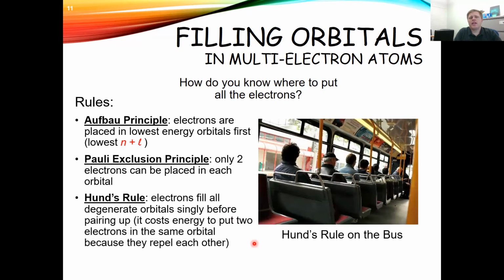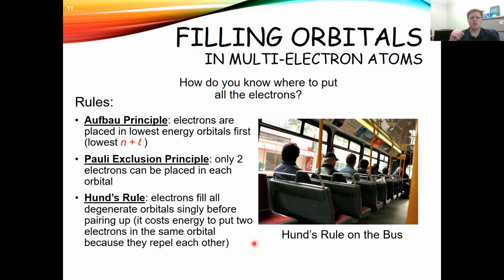The third rule you're going to get is Hund's rule. And Hund's rule is that electrons fill all degenerate orbitals singly before pairing up. So these electrons like to have their own orbitals if they can. So the electrons do have some favorable interaction through the magnetic coupling that can happen, or the pairing that can happen. But if they can avoid that pairing, they will.